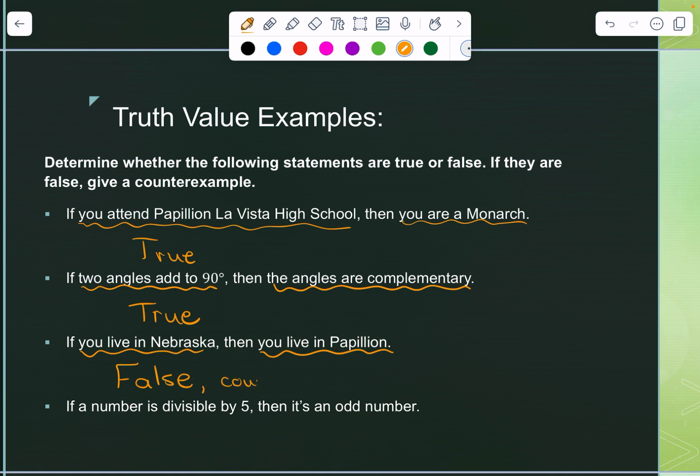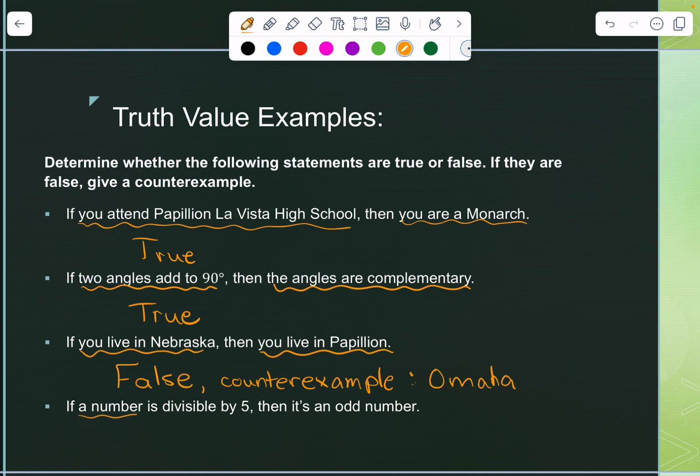And our counterexample could be Omaha, Lincoln, Bellevue, Seward. There's Grand Island. There's a bunch of them that you could live in Nebraska and not live in Papillion. Okay, so false, and there's a bunch of counterexamples. Pick one.